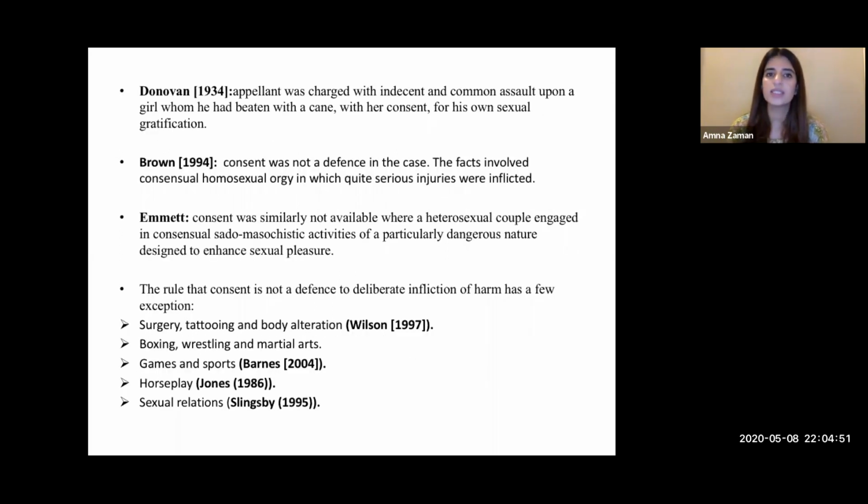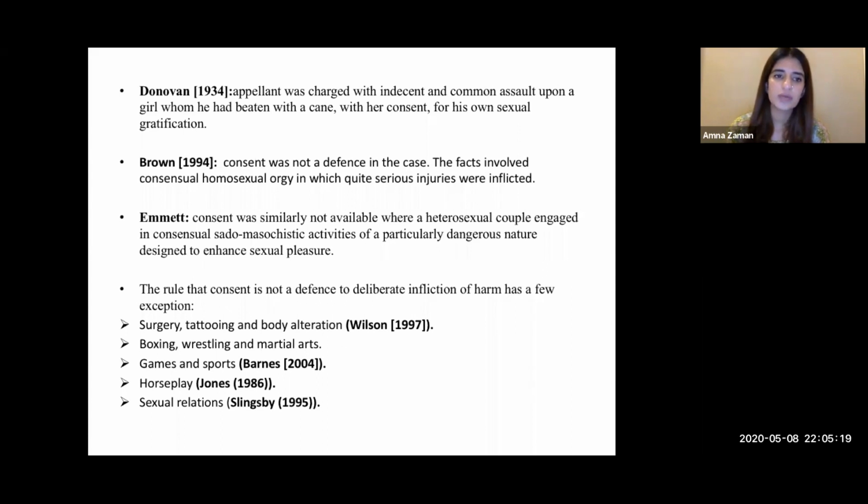In the authority of Donovan, 1934, the defendant was charged with indecent assault because he had beaten up a girl with a stick for sexual gratification and the girl had consented to it. Although consent was available, he did not get the defense. Why? Because he deliberately inflicted harm, and deliberate infliction of harm cannot be consented to.